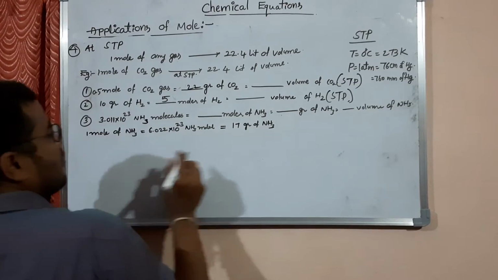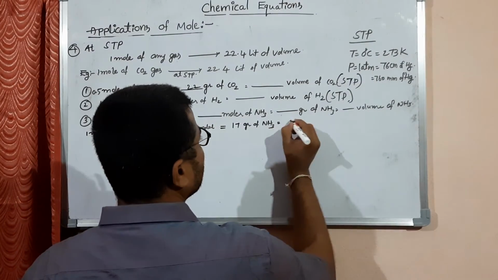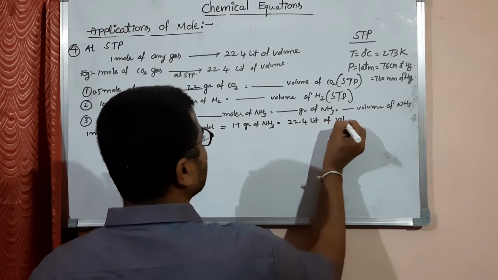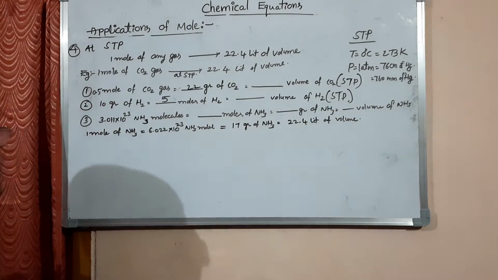Here 1 mole of ammonia is a gas, no? That's why 22.4 liters of volume occupies at STP conditions.